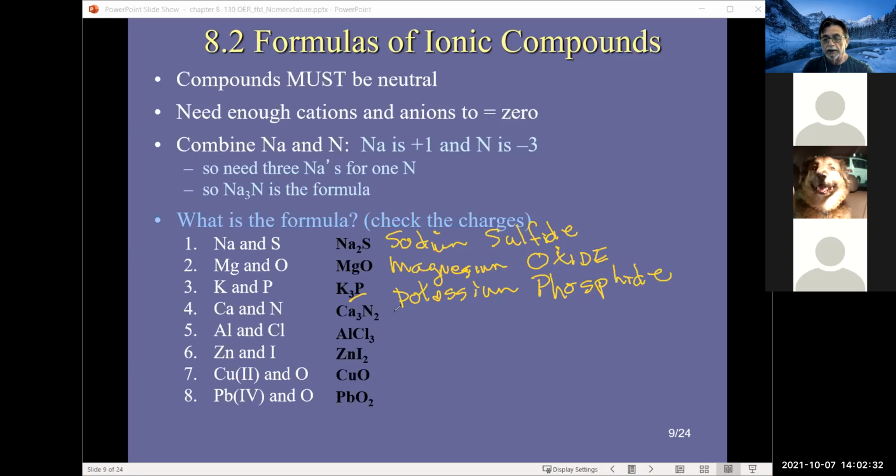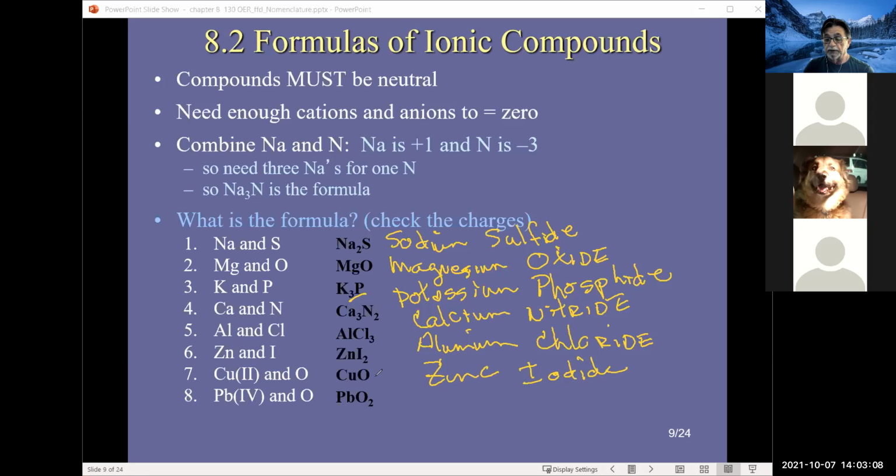We have the next one, number 4, calcium, which is the metal, nitride. Notice no prefixes. It's not tricalcium dinitride. No prefixes for ionic compounds. Number 5 becomes aluminum chloride. Chlorine becomes chloride as the -1 ion. Then we got zinc iodide.